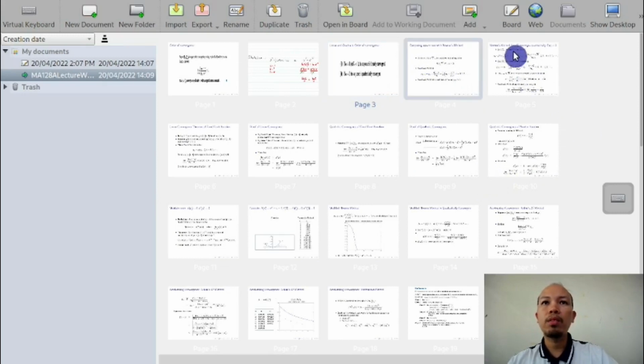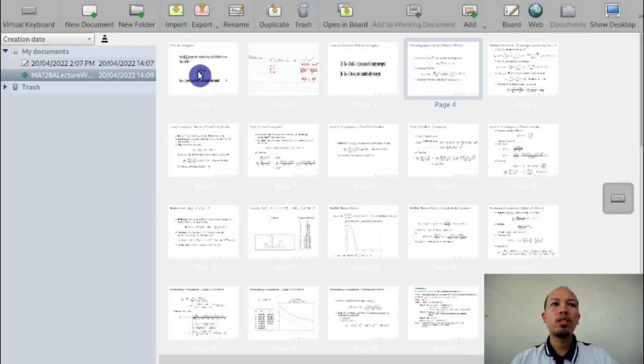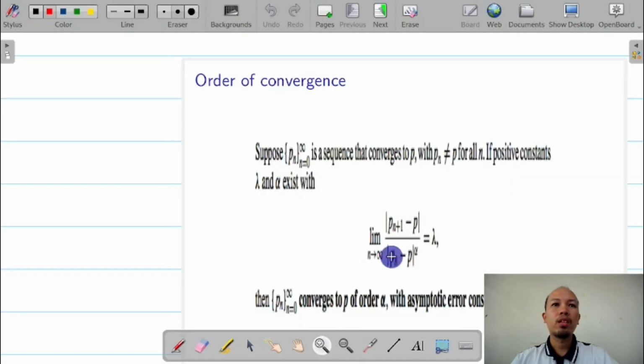So that's for restating definition 24. So let's have an example.